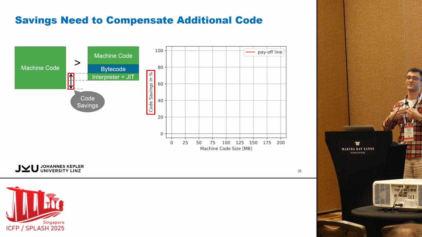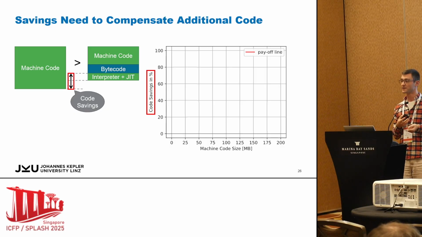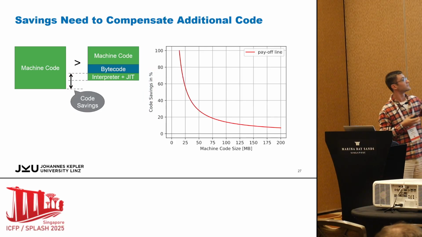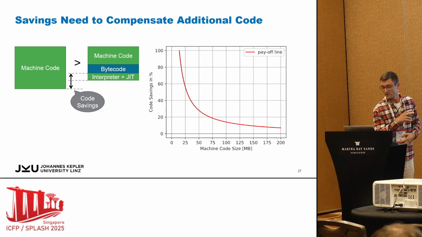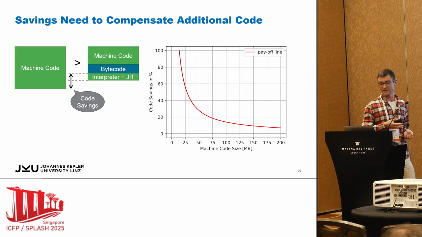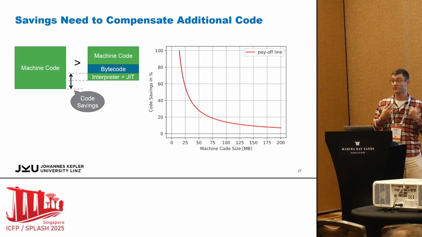Of course, to be able to still execute the program, you have to add the interpreter and the just-in-time compiler. These are a constant 14 megabytes, and you see the payoff line here in this diagram, which means, for example, if we have an application of 100 megabytes, we have to save 15% of the code such that our approach pays off.